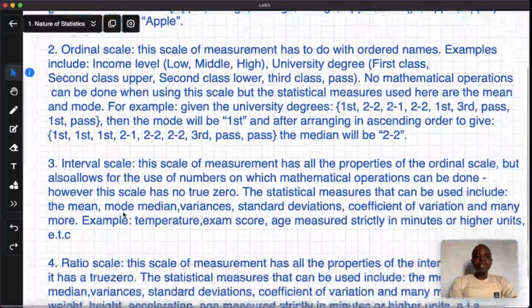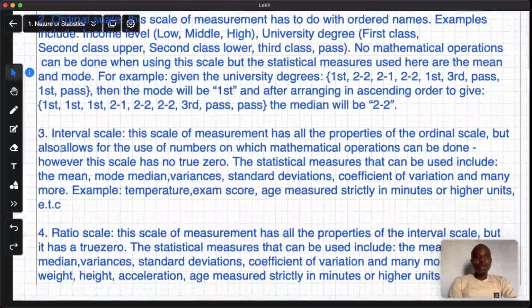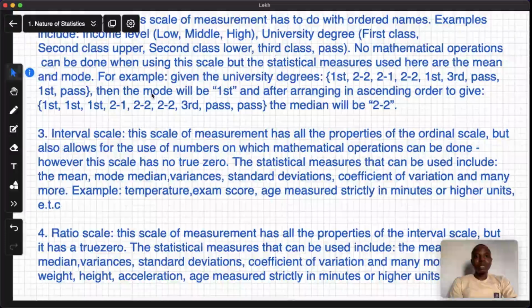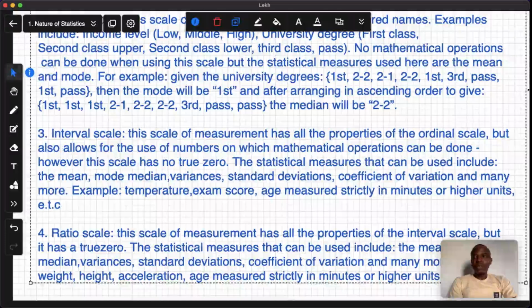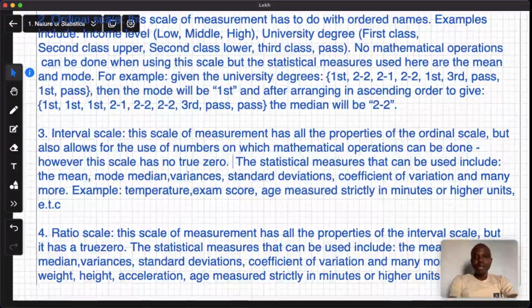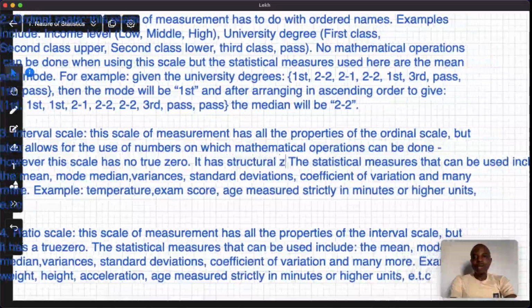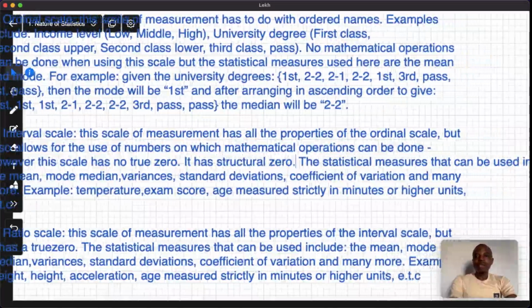Now the interval scale has all the properties of the ordinal scale, but it also allows for the use of numbers. So this time around, these are numbers on which mathematical operations can be done. However, it has no true zero. So it has what we can refer to as a structural zero. It doesn't have a true zero, but it has what we can refer to as structural zero.